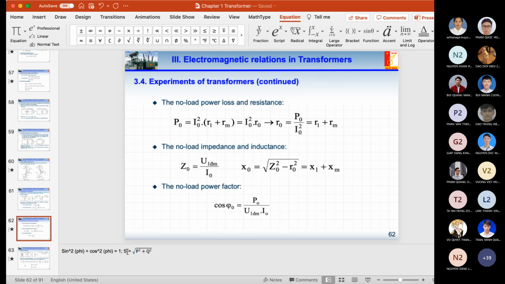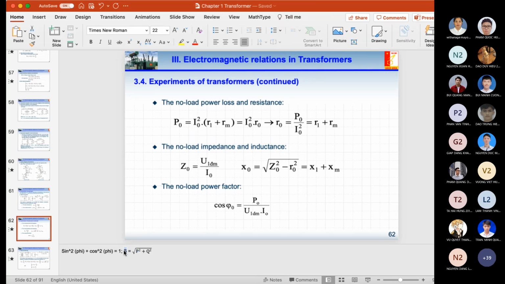You can see the active power is very useful for us to use, and reactive power is not very useful. So that's why in practice they have to think of many ways to increase the cos phi of the transformer.